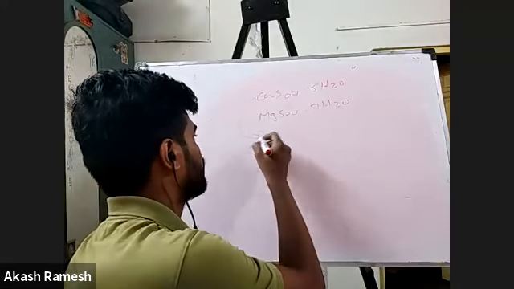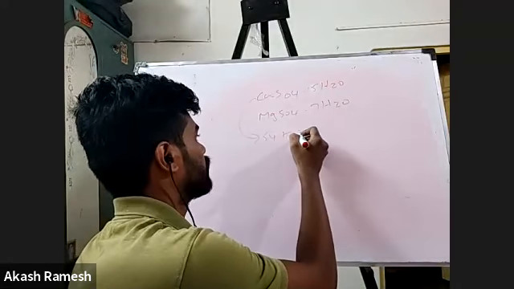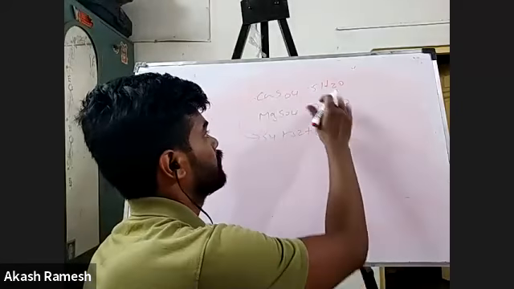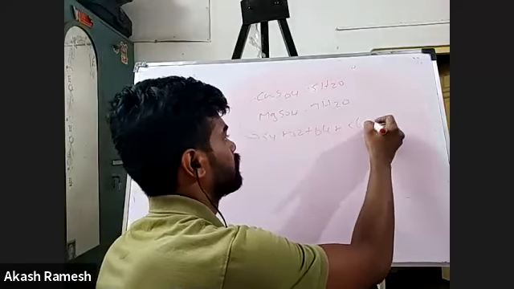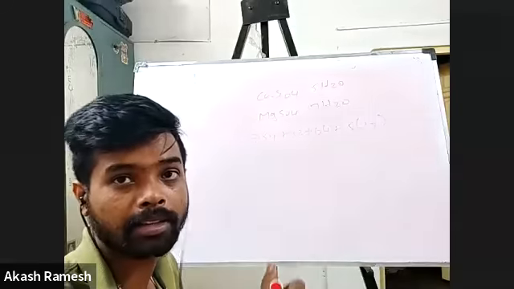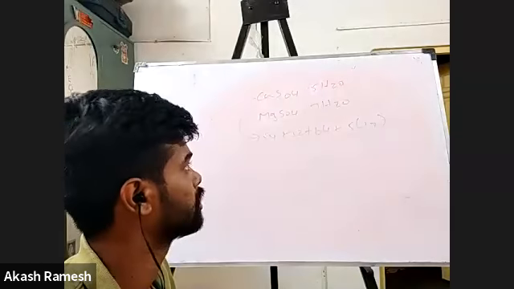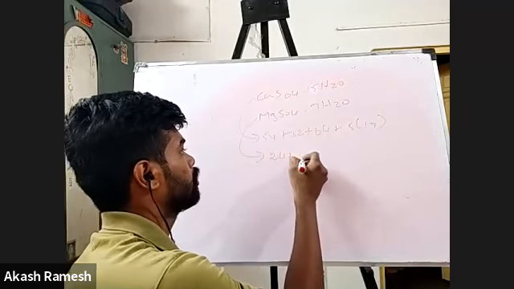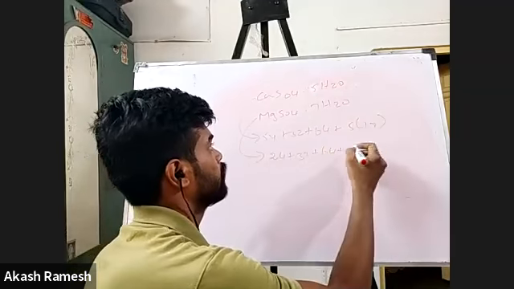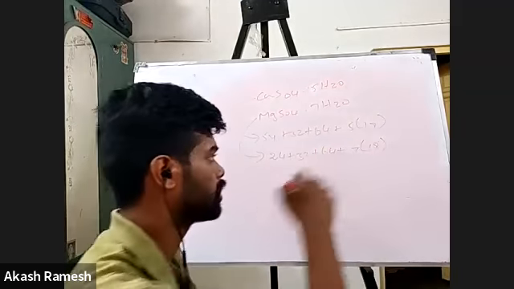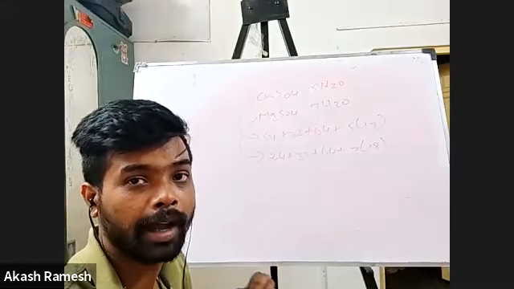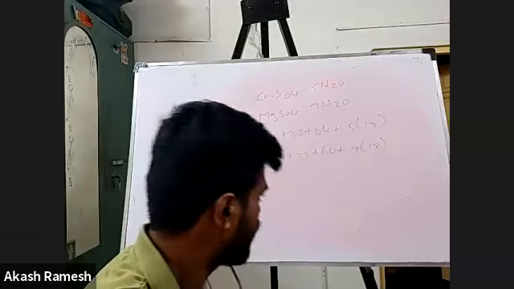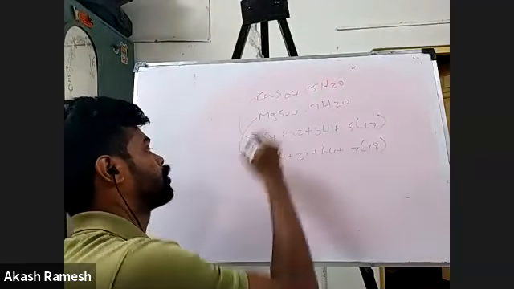So for copper, it is 64 plus 32 plus 64 plus 5 into 18. Now this would have been the molecular mass of your CuSO4.5H2O. Same way for MgSO4.7H2O, it would have been 24 plus 32 plus 64 plus 7 into 18. This would have been the molecular mass of MgSO4.7H2O. Correct?